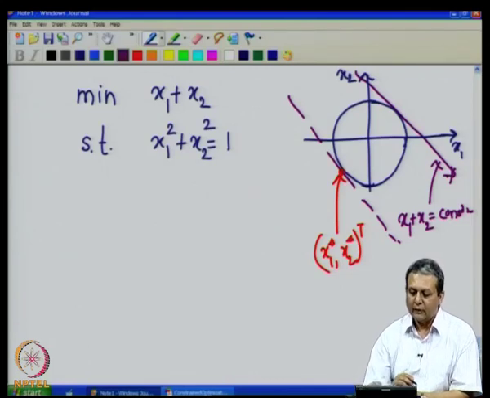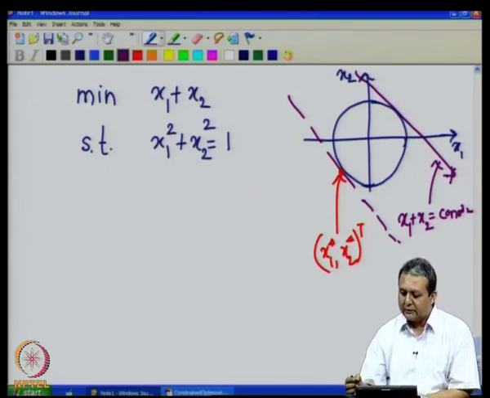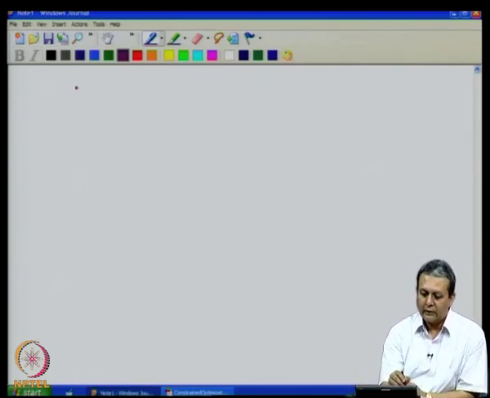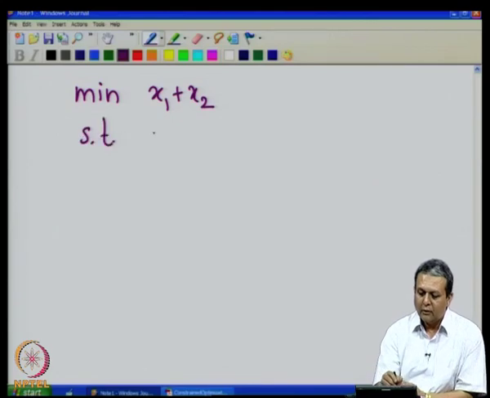Now let us look at this problem and convert it to an unconstrained optimization problem. So, we have minimize x1 plus x2 subject to x1 square plus x2 square is equal to 1.